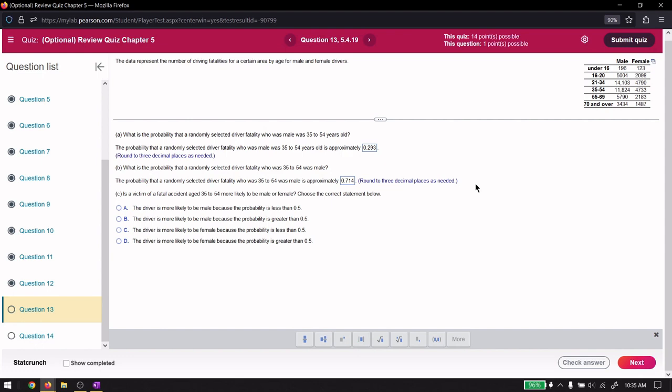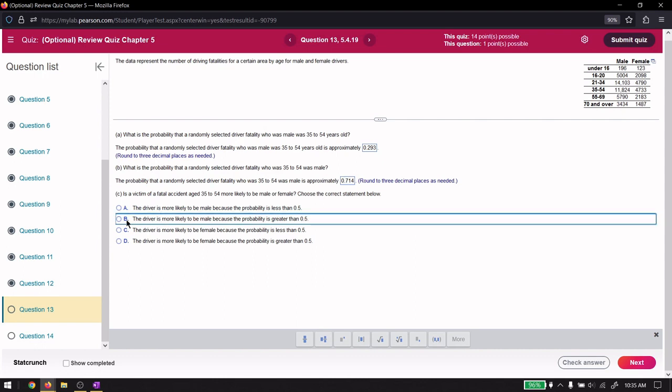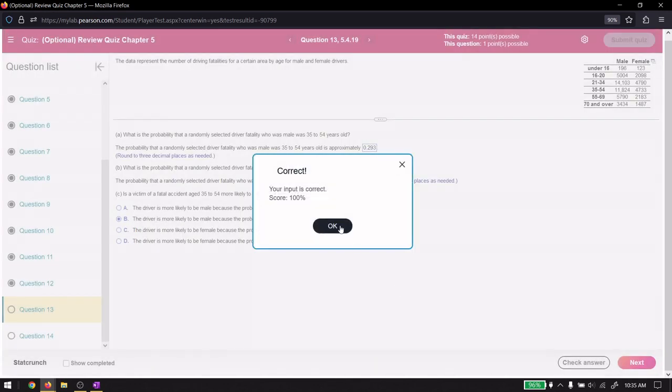Of course, here they're more likely to be male, because 35 to 54 has a 0.714 chance of being male, which is higher than 50%. So more likely to be male because the probability is greater than 0.5, which would be 50-50, equally likely to be male or not. Okay, let's check that. And that's all correct.